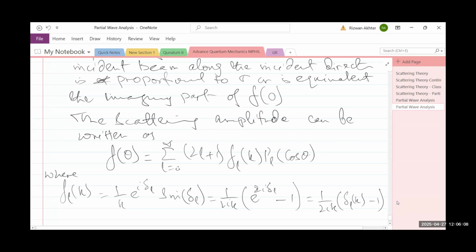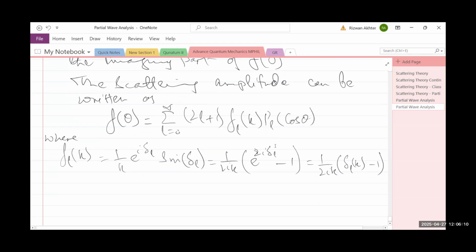Why? Because e to the power 2 iota delta L is equal to S_L of k.